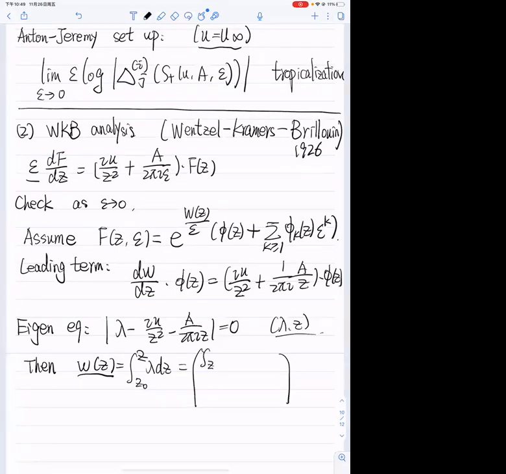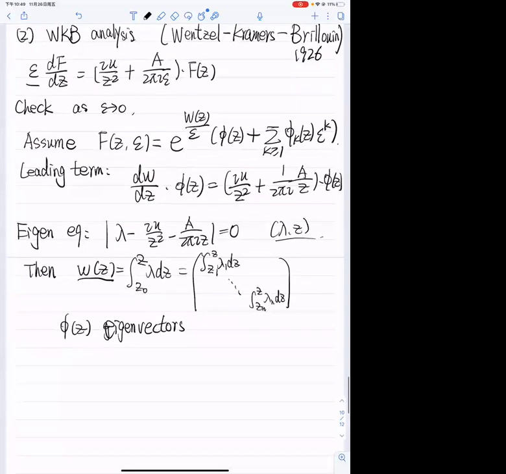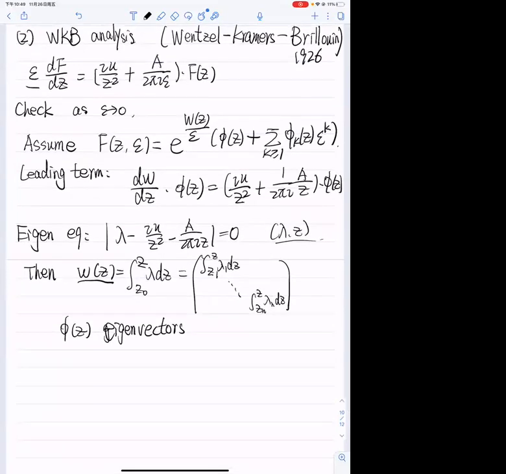Then phi is simply the corresponding eigenvectors, and the columns of phi(z) are the corresponding eigenvectors. Yeah. We can find asymptotic solutions in this way, in a formal sense.